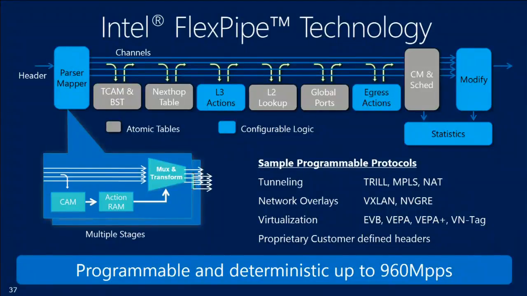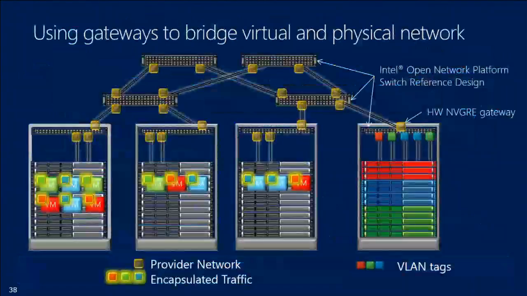And this is becoming more and more of an ability to blur those lines, and this is important. And FEX, or VNTag, Cisco's version of this, of tightly coupling the switch and the platform. So these are all emerging. There's a lot of different standards coming out, so you can still do that, but still keep the performance that you would with 960 million packets per second, which is the most impressive packet performance on the market.